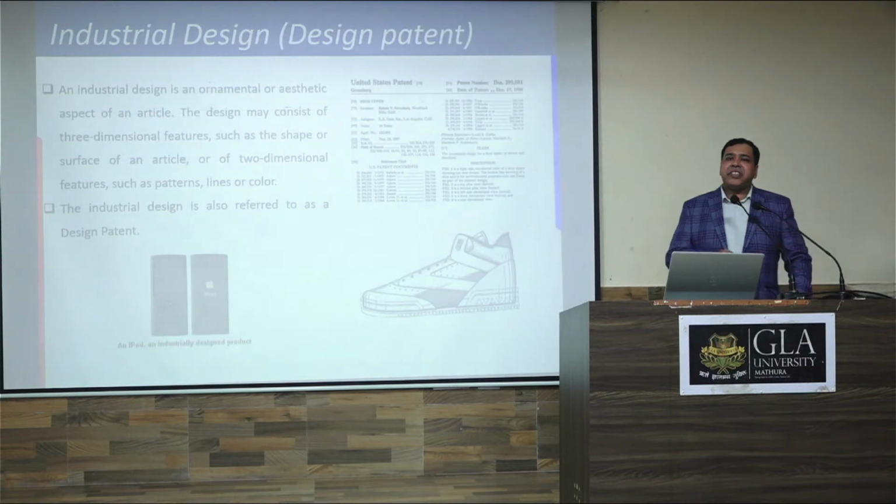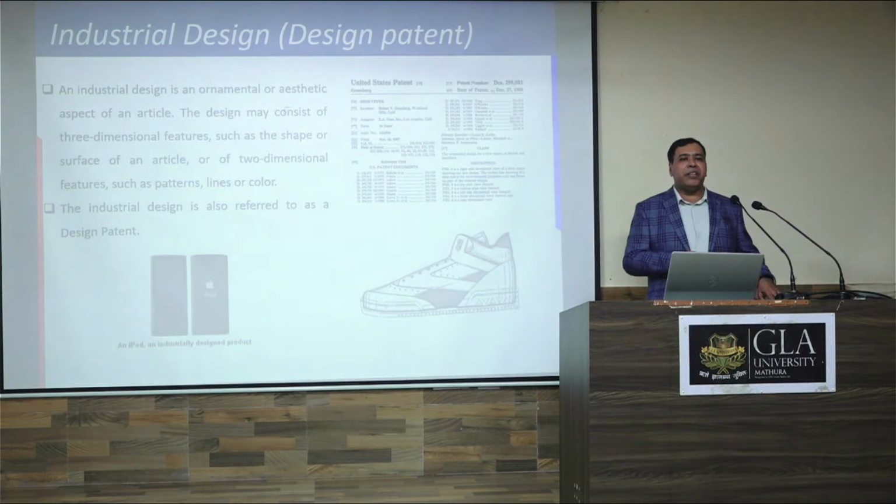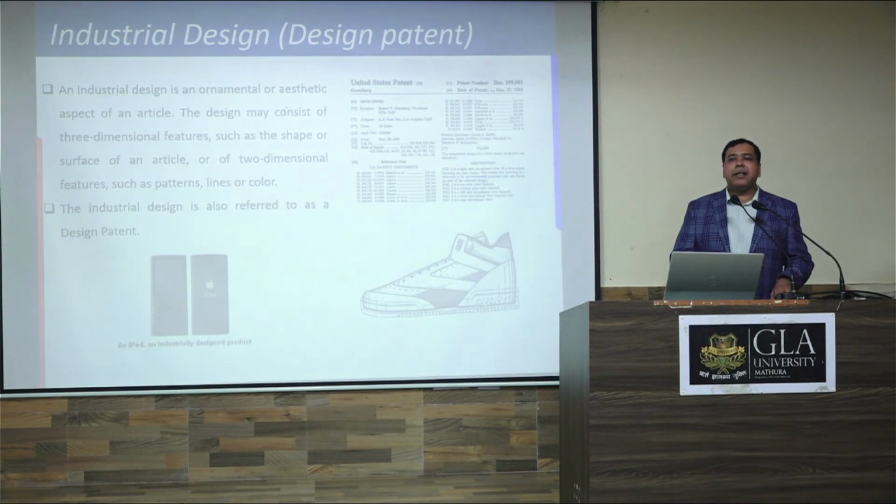One of the interesting other aspects of intellectual property is designs. I think this is one area that I've seen a lot of technical universities filing design patents. So apart from technical innovations, which are classified under utility patents, there's another kind of innovation that you could do under designs.